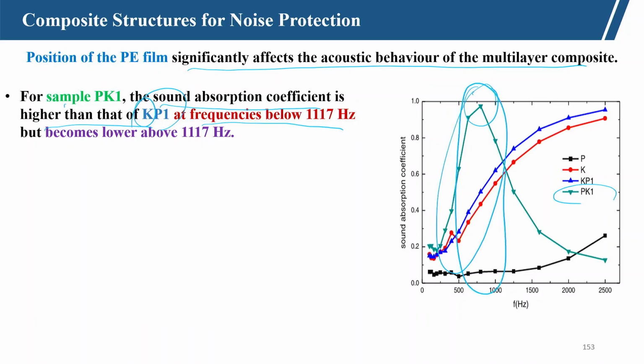So, here PK is higher than KP, but it becomes lower above this 1117 hertz. So, above 1117 hertz, this becomes much lower.